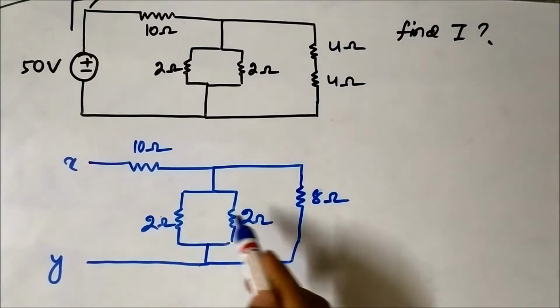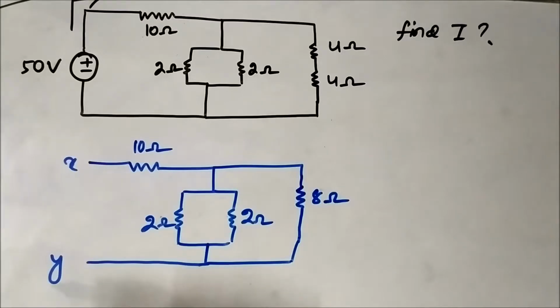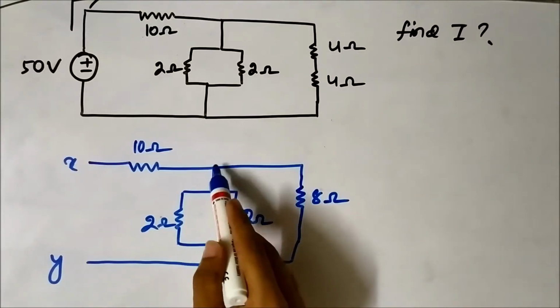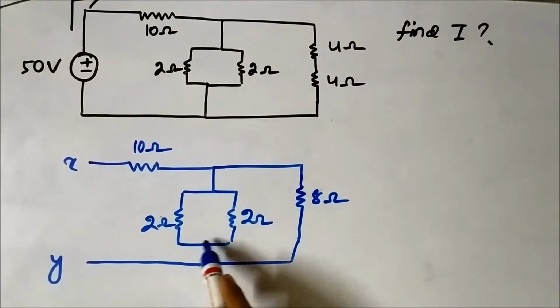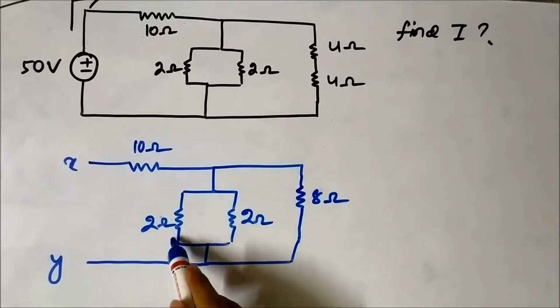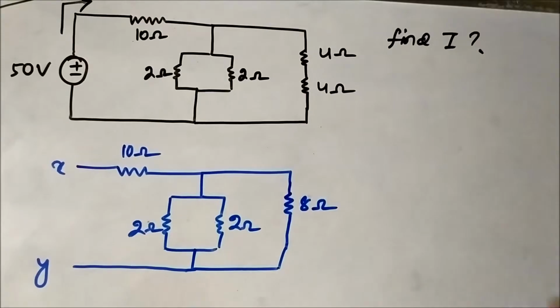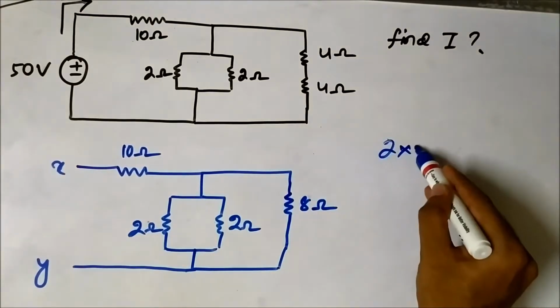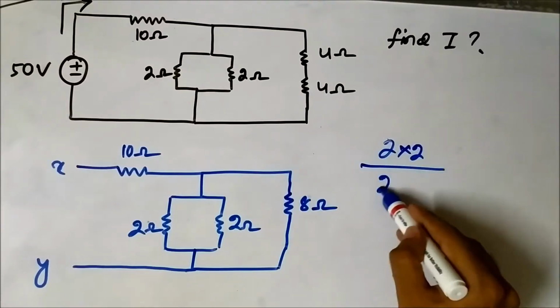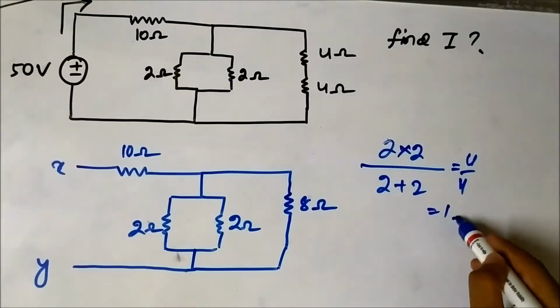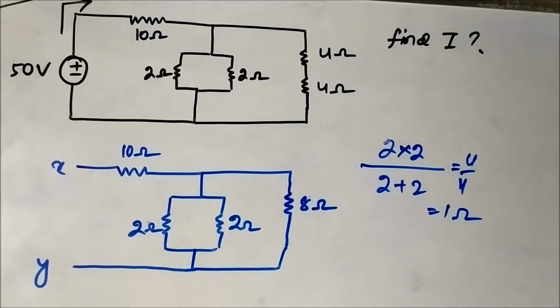Next, these 2 ohm and 2 ohm resistors are in parallel. This end of the resistor is connected at one common point, and this end of the same 2 ohm resistor is connected at another common point. So the parallel equivalent will be 2 into 2 by 2 plus 2, which is 4 by 4, which is 1 ohm.